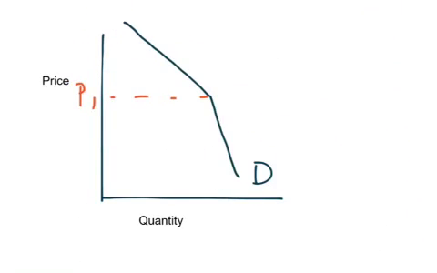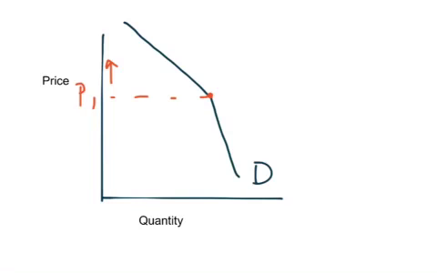So let's look at this a little bit more. Let's say the firm is producing at price P1, and they're thinking about increasing price. But because they're working in an oligopoly market structure, they have to think what is their competition going to do? So if they increase price, will the other big firms in the market also increase price?